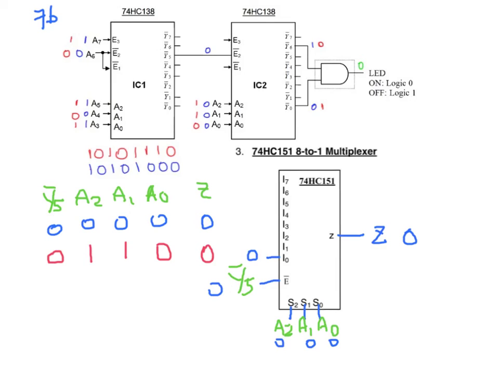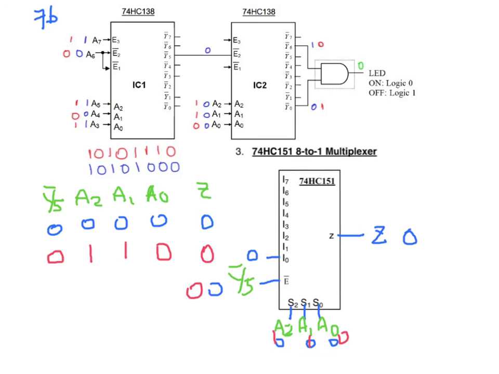Similarly, for the other code, which is this one, we put in the value 0, and here is 1, 1, 0. Now in this case, for output Z, we take the value from I6 because here is 1, 1, 0, which is a 6.